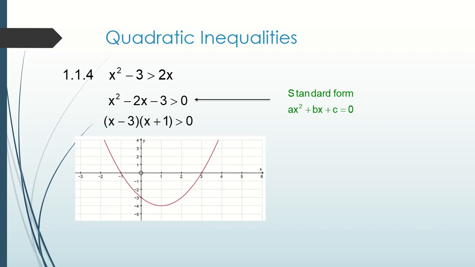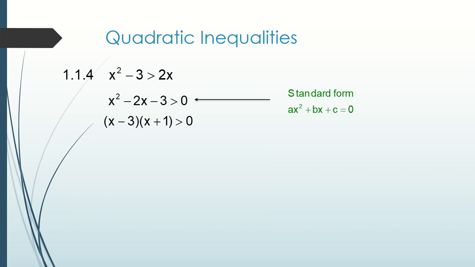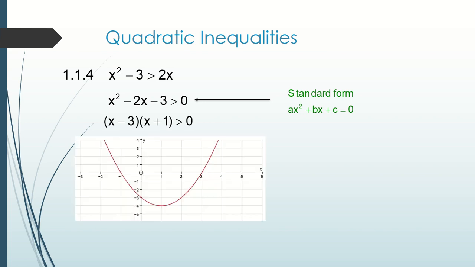We factorize what was given, and then we move on to drawing a rough sketch. So you can see that your critical values here are positive 3 and minus 1.